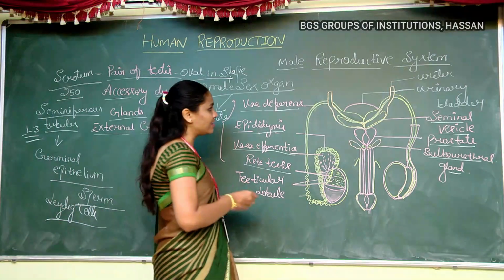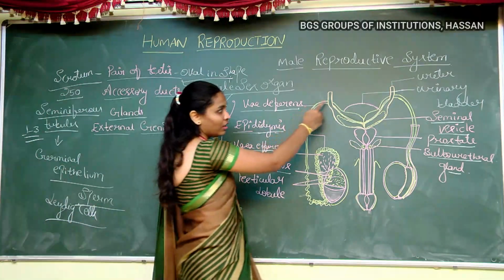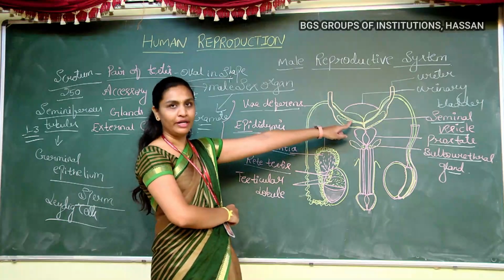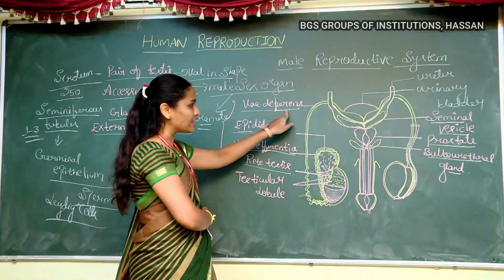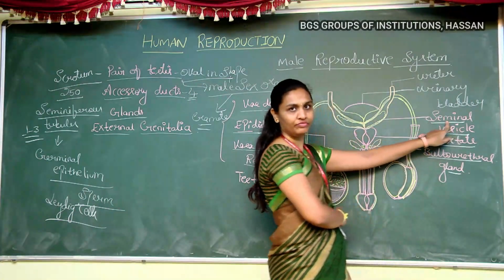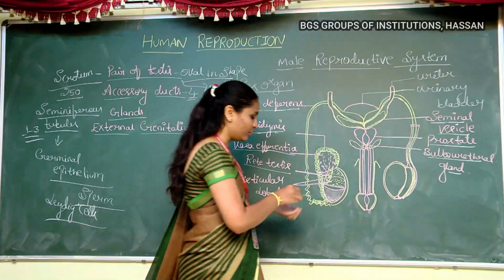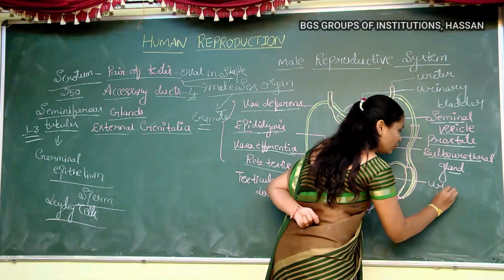This vas deferens, it's an accessory duct, ascends into abdomen, loops over urinary bladder. This vas deferens receives a duct from seminal vesicle and opens into urethra.